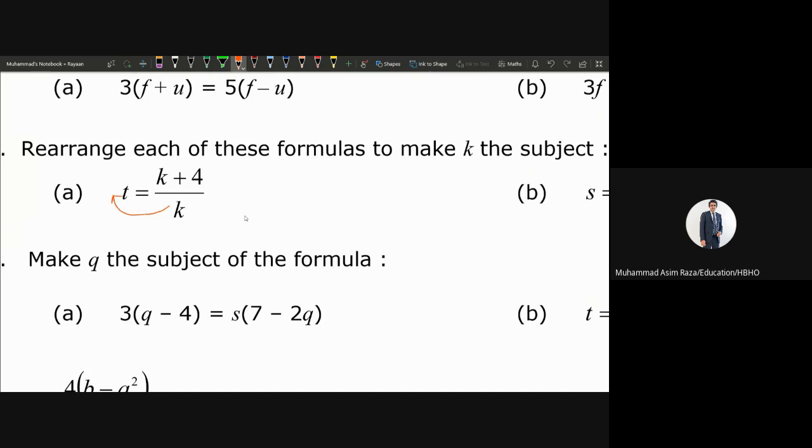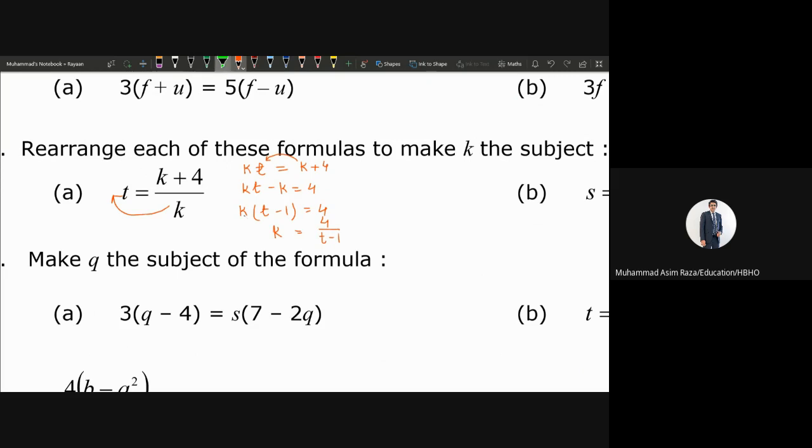By linear, I mean that there should be no denominator. So kt is equal to k plus 4. And because you want to make k the subject, take all k on one side, kt minus k is equal to 4. And now you can take k common so that you can have t minus 1, and k is equal to 4 over t minus 1.